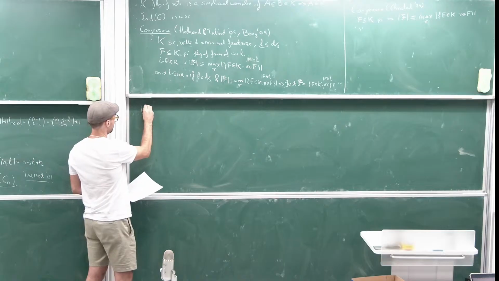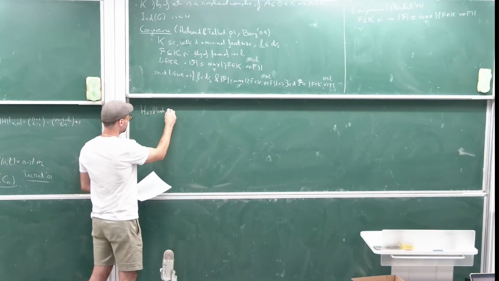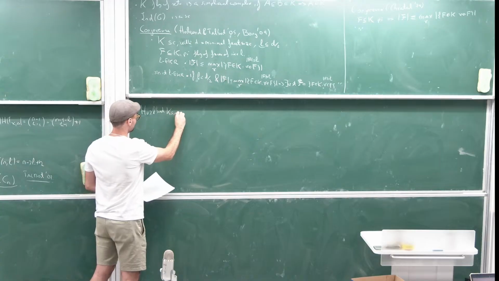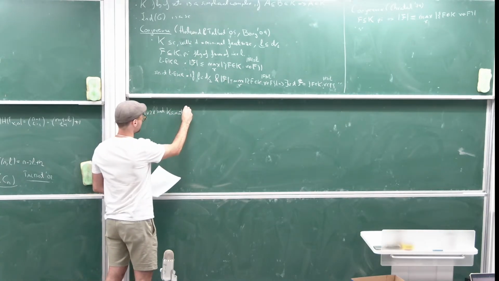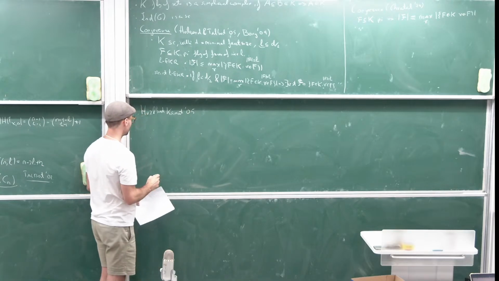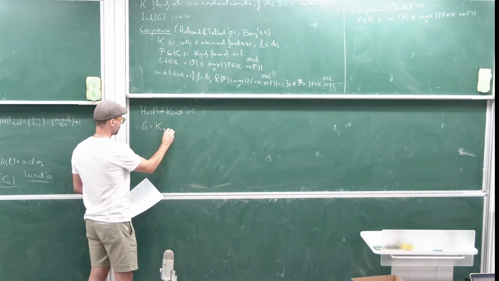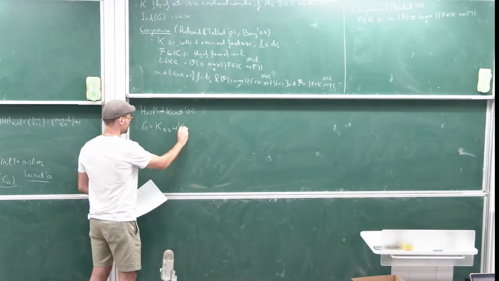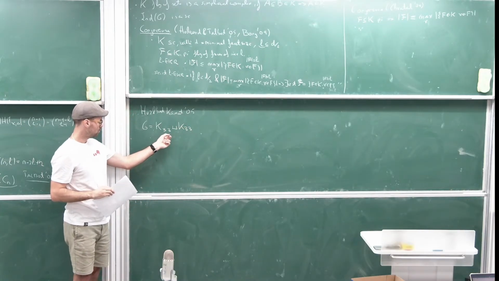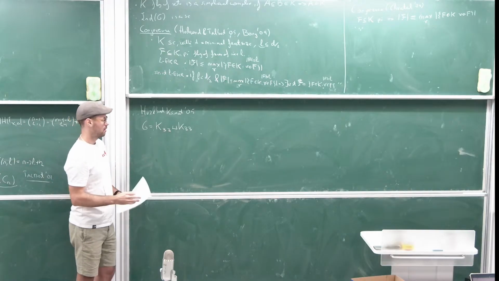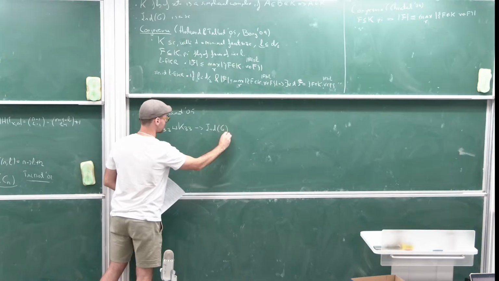Holroyd and Talbot, 2005, where you consider G, the disjoint union of two bipartite graphs, and you look at the independence complex of this graph.